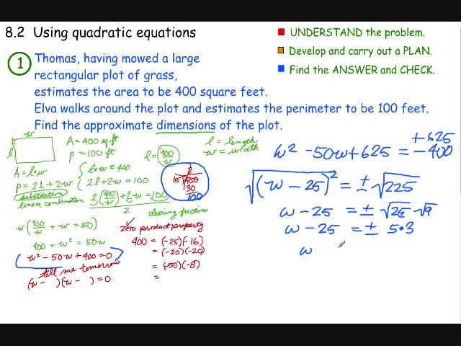So W equals 25 plus or minus 15. So W is equal to either 40 or W is equal to 10.